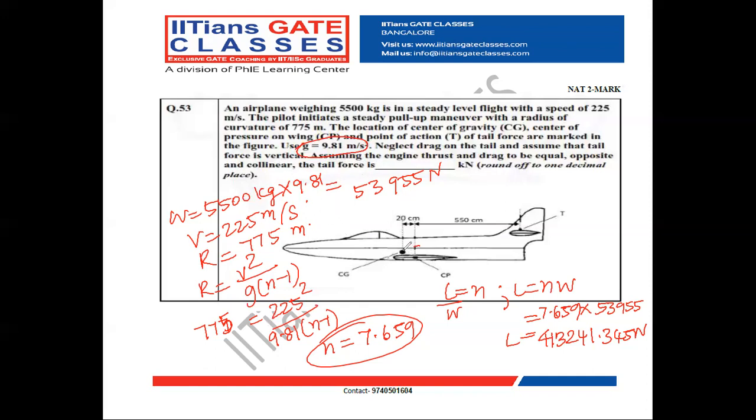If I take a moment balance with respect to CG, since the center of pressure is the point where lift is acting and weight is acting at the CG itself, the weight will not contribute anything because it is at the CG itself. So, there is a tail force.